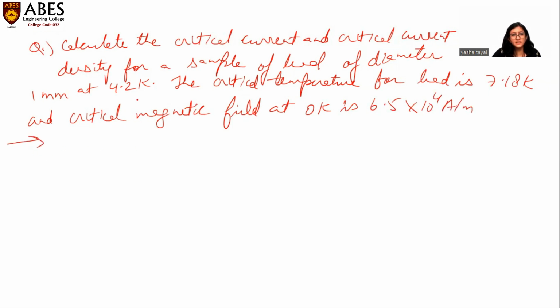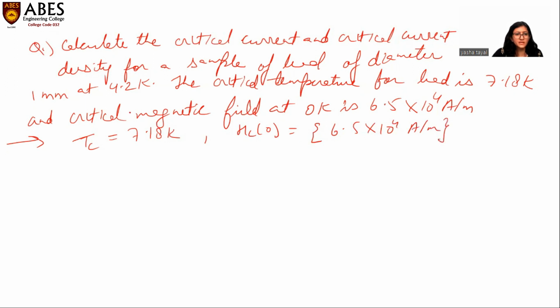Quickly going to understand. Here the critical temperature for lead is 7.18 Kelvin, while critical magnetic field at 0 Kelvin is 6.5 into 10 to the power 4 amperes per meter.